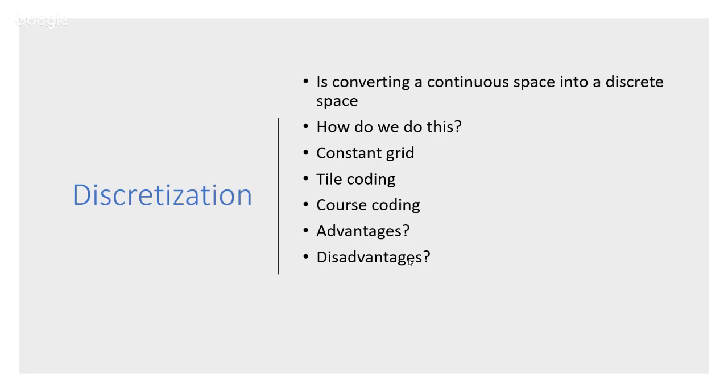So say you had a space that was almost continuous, you could just go around different points on say a map. But typically what we do, for example, in the taxi, we break it down into a constant grid. And so it's got each individual state that it can go into.